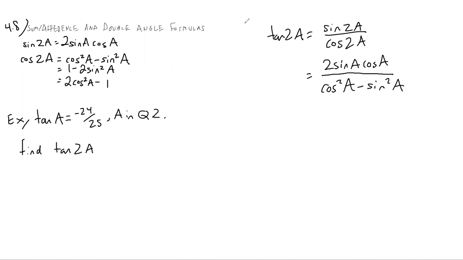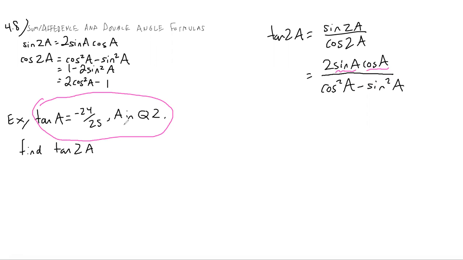And so I'm going to have to figure out sine a and cos a. And to do that, just like with the additive formulas, we're going to use the information that we're provided about tan. We can draw the triangle, we can find all the side lengths in the triangle, and that should give us everything that we need.